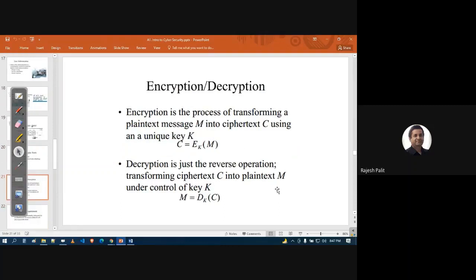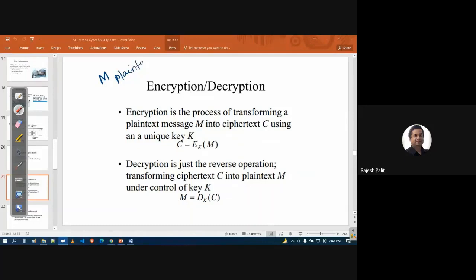So what is encryption and decryption? In very simple form, you have a plain text denoted by M. Plain text means that everybody can read what is there. Anybody can read the text, that is called the plain text.